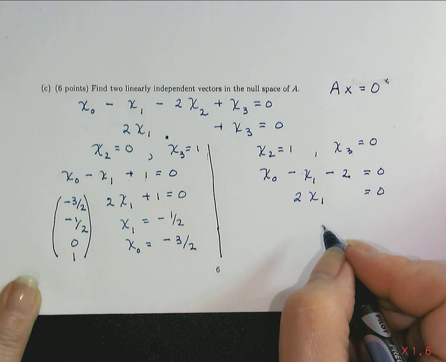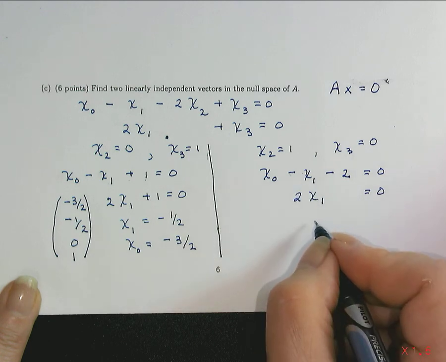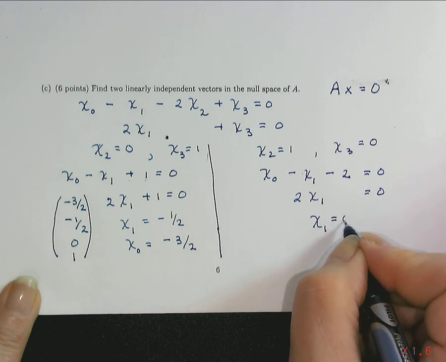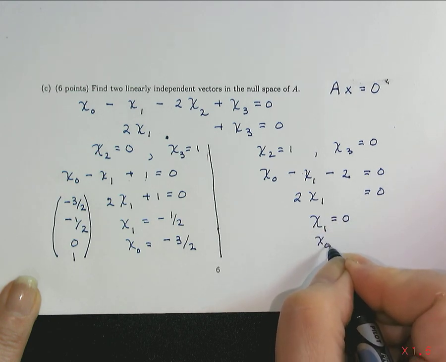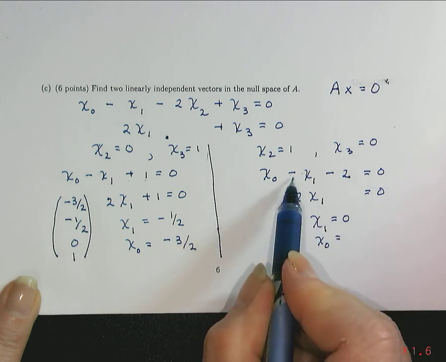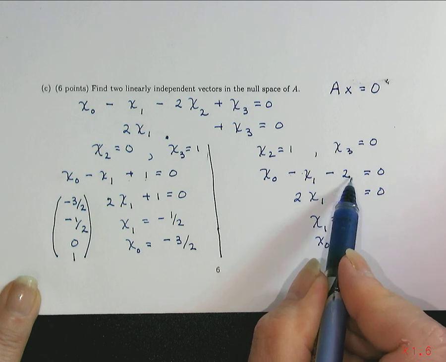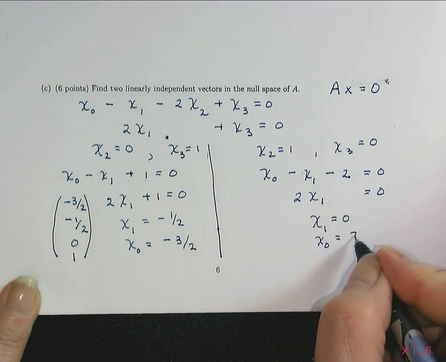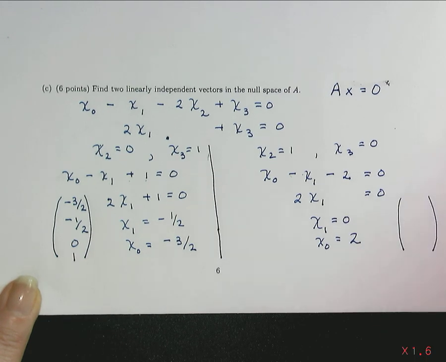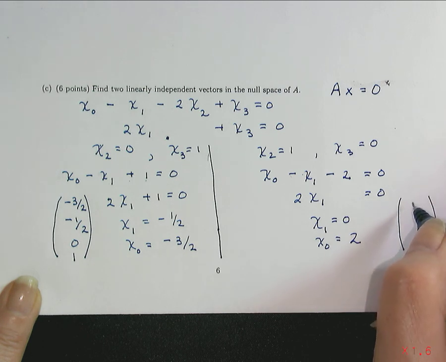Solving again using backward substitution, we find that chi sub 1 would have to be equal to 0, and chi sub 0 minus 0 minus 2 would have to be equal to 0, so chi sub 0 would have to be equal to 2, which means another vector in the null space would have the components 2, 0, 1, 0.